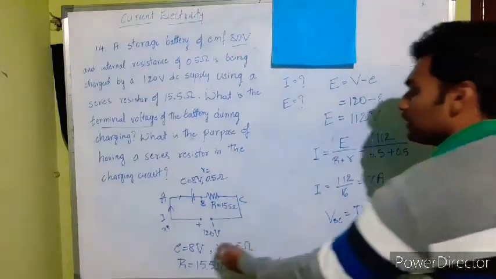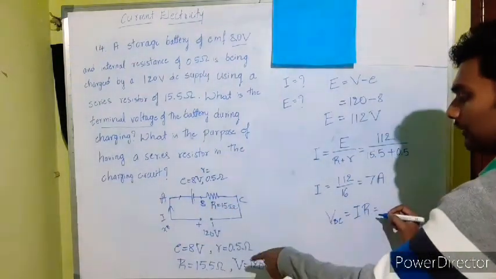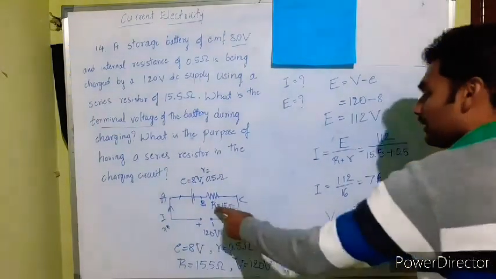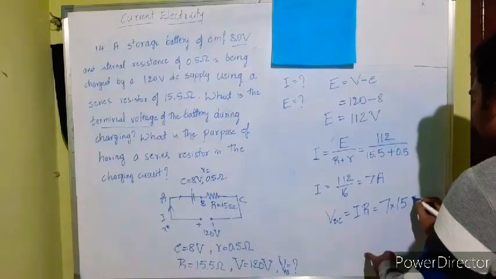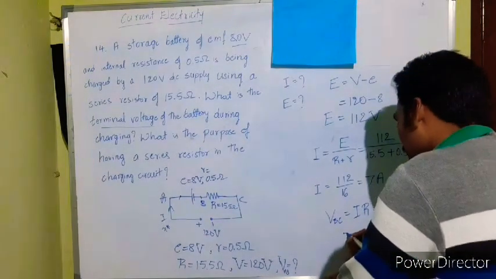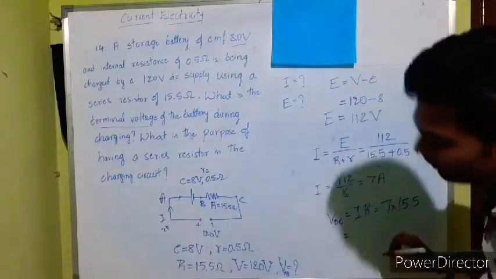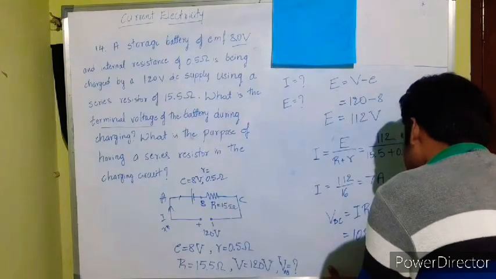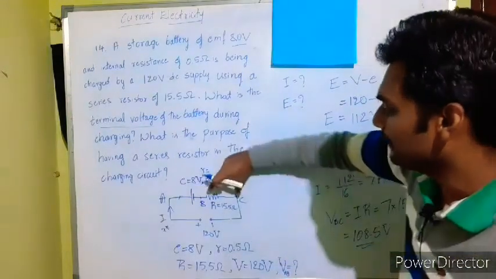Current through the entire network, which we have obtained as 7 ampere, and the resistance that we have is 15.5 ohm, and hence voltage across BC is obtained to be 108.5 volt. So this is the voltage across BC.